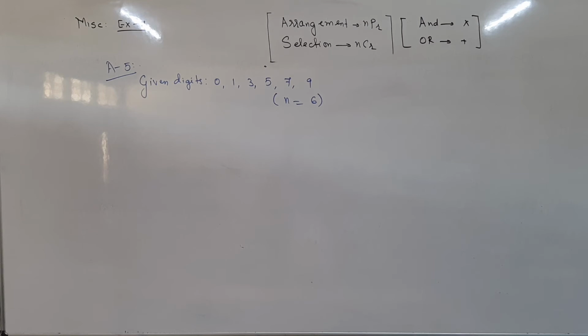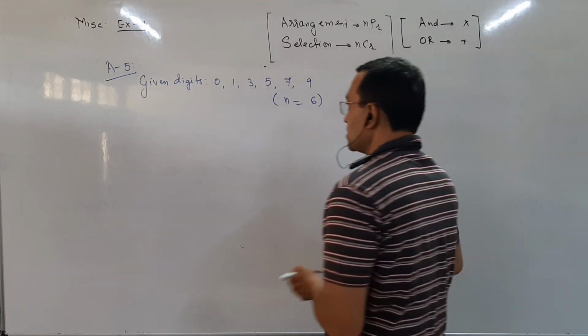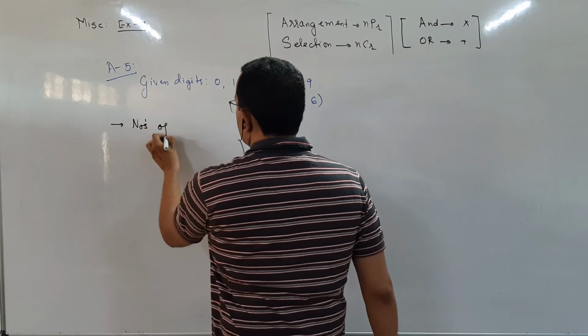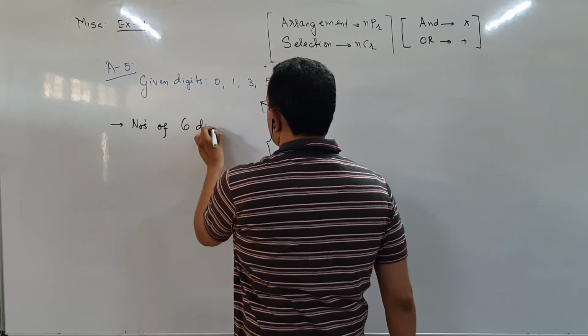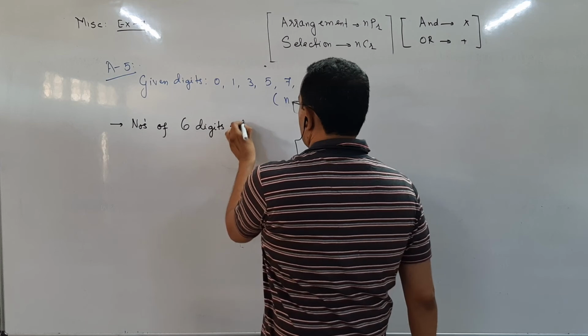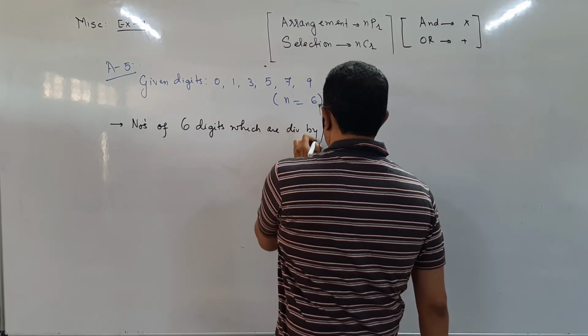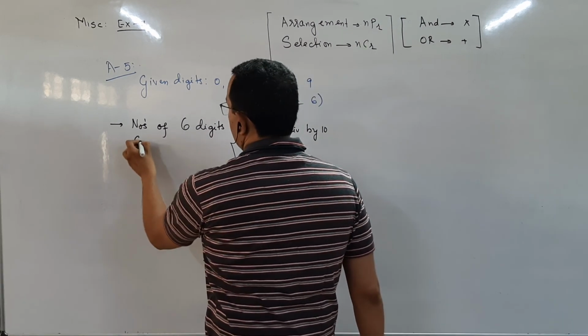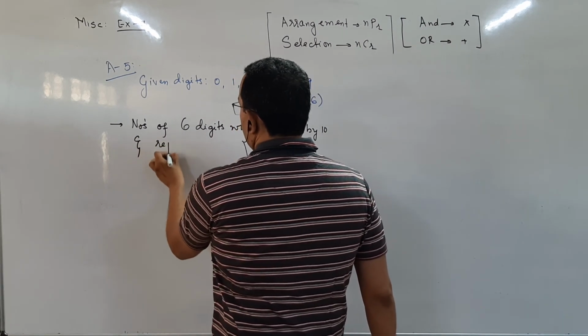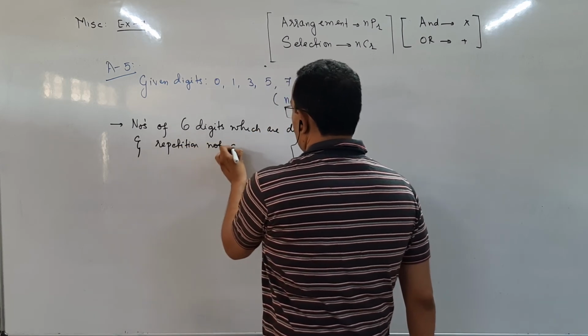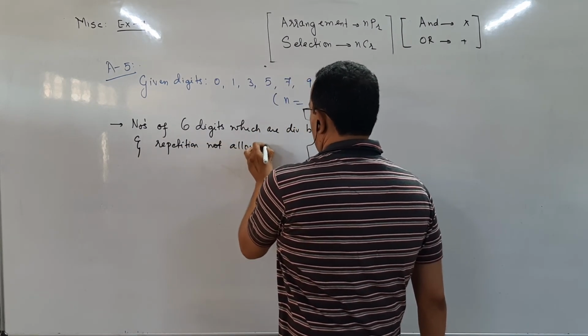So students, here I have to consider the divisibility criteria for 10. So I give the heading: numbers of 6 digits which are divisible by 10 and repetition not allowed.